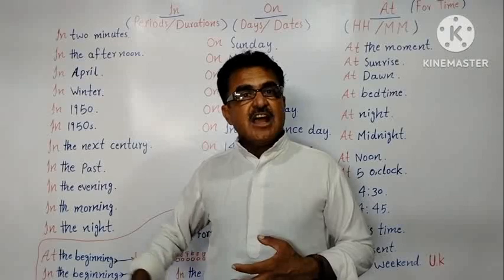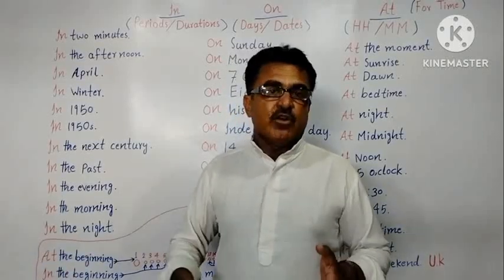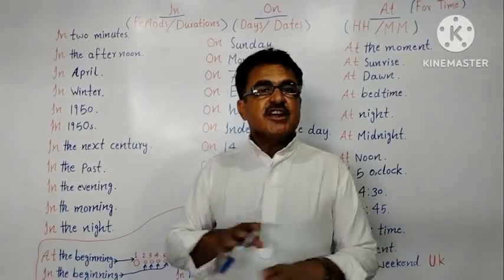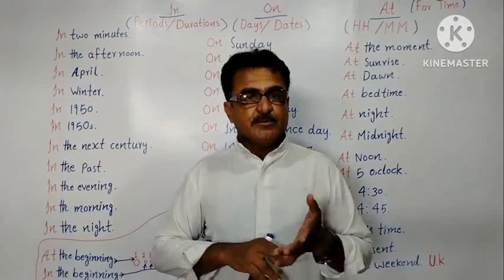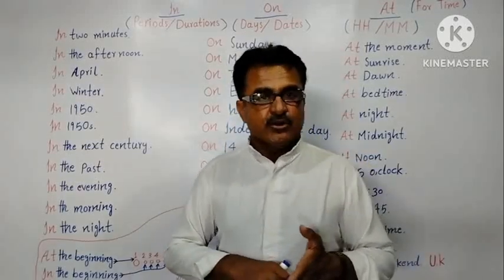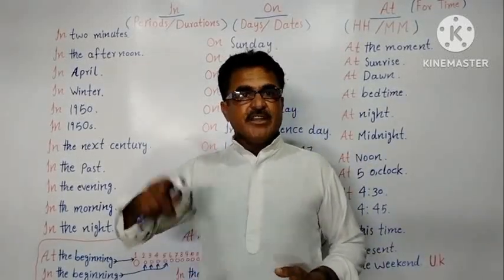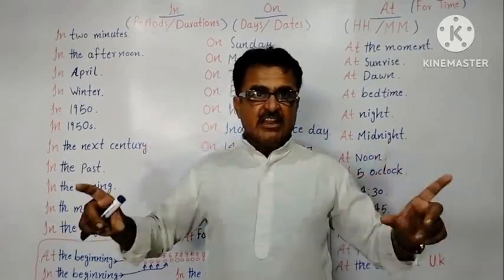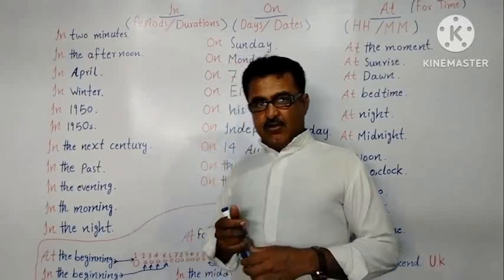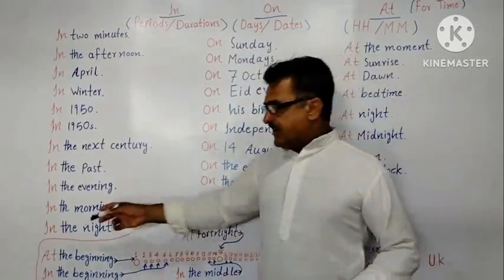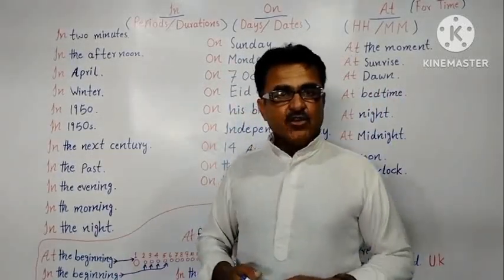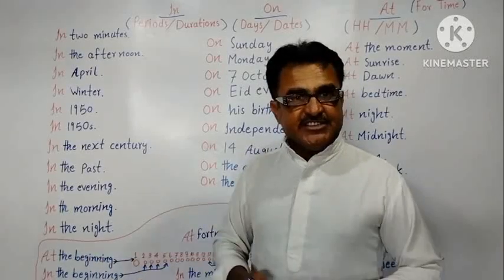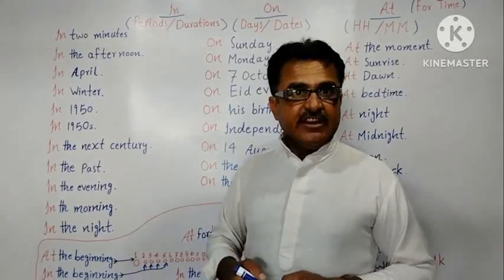So in this way, I will say I get up in the morning. It's not known whether I get up at 7 o'clock, 8 o'clock, or 9 o'clock, because it's a long period. So for long periods, when something is not clear, then we say in. The same case goes for the evening: I drink tea in the evening.